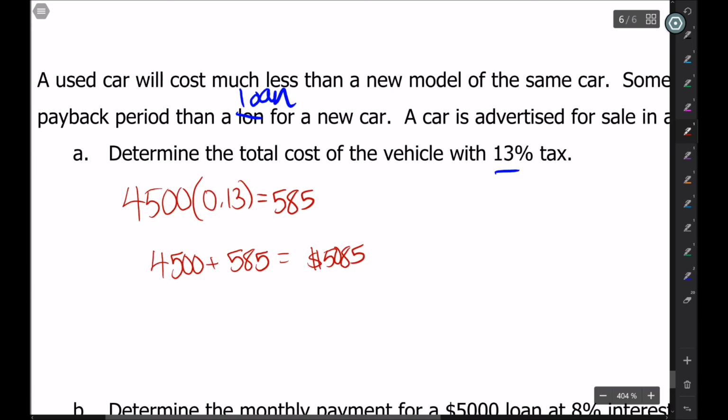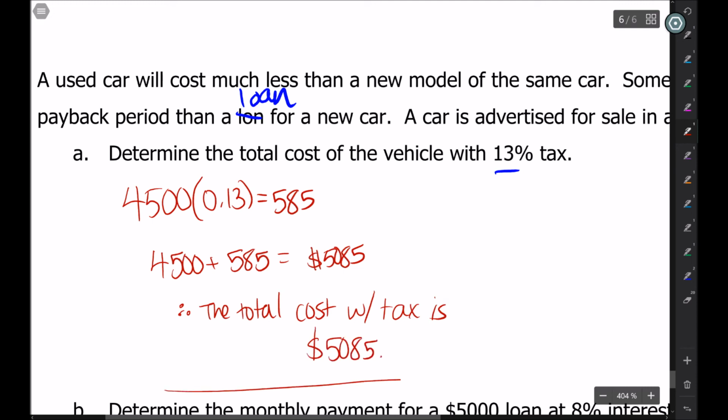So we can say, therefore, the total cost with tax is $5,085.